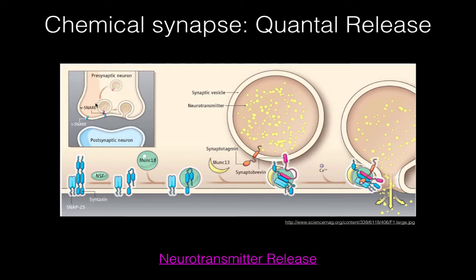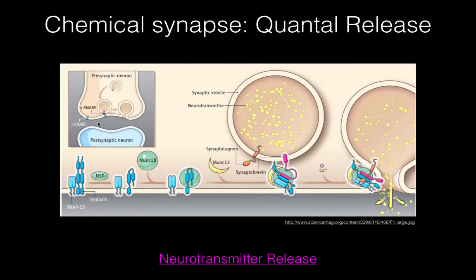These vesicles are enriched with particular proteins called v-SNAREs. These are the vesicle SNARE proteins that are going to allow for the fusion of the vesicular membrane with the plasma membrane. This happens through many different types of t-SNAREs that are on the plasma membrane.